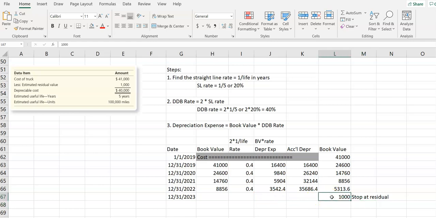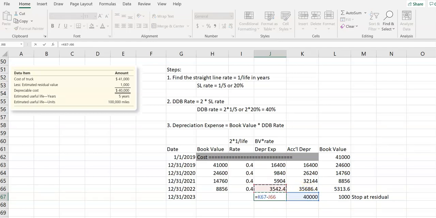So I have to calculate what it needs to be. If this has to be $1,000, that means that at the end of the 5th year, my accumulated has to be 40,000. 41,000 minus 40,000 equals 1,000. So this number has to be the difference between these two, what it takes me to get to $40,000.